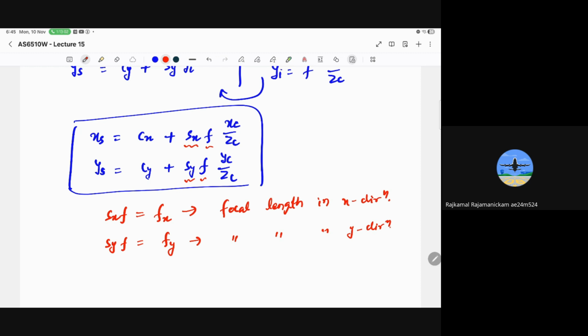To repeat, the pixel density is a fixed parameter for a particular camera, in x and y directions, and the focal length is also fixed. That is why you can combine these coefficients and define new parameters: fx is pixel density in x direction times focal length, and fy is pixel density in y direction times f.